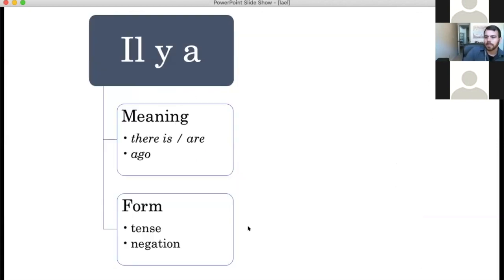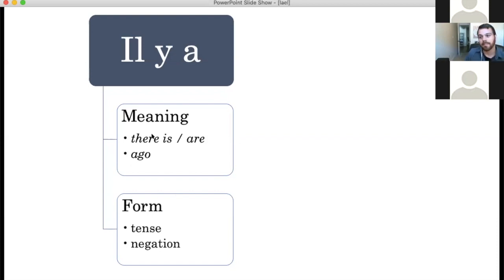For those of you who are non-French speakers, a quick introduction to French: the expression il y a, three separate words, together means there is or there are, kind of the existential meaning. It can also be used in a temporal sense for ago.